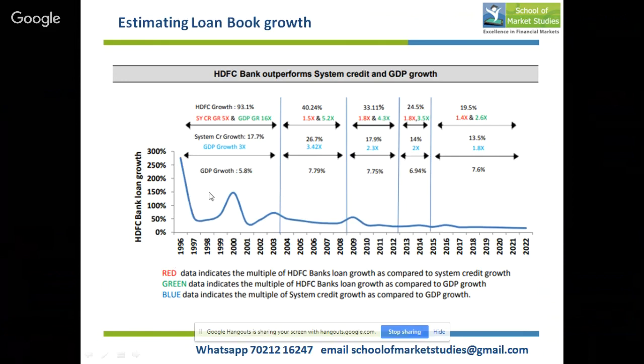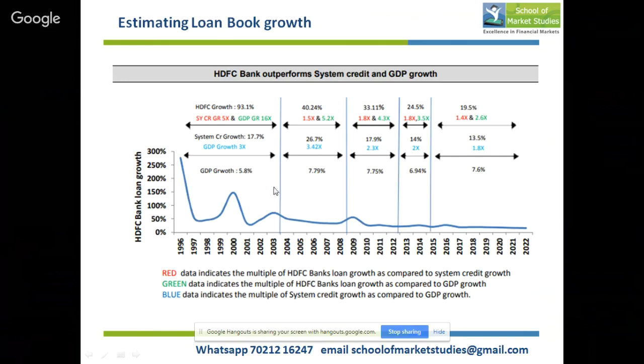So over this period, what you'll notice is that the GDP grew at 5.8% in the early 2000s. Then we accelerated to 7.8, 7.75, a shade below 7, and we are expected to grow at 7.6 over the next 7 years. So if you notice, broadly, we are growing at 7%.